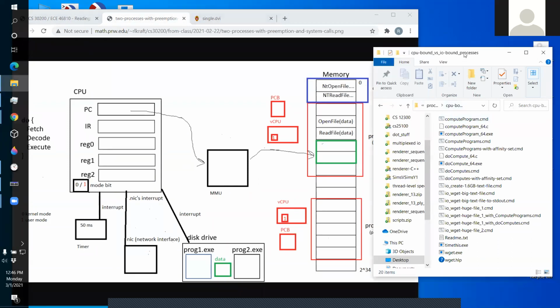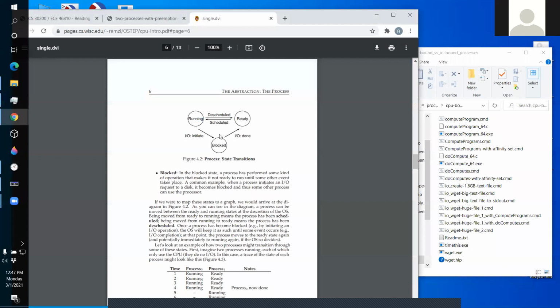IO bound is when a process is doing a sequence of IO operations, not just one IO operation. The idea is IO bound in this picture here would mean the process is running and it requests an IO operation, so it gets blocked. At some point, it gets unblocked and becomes ready.